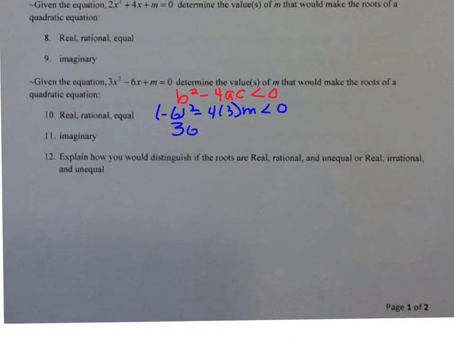So 36 minus 12m is less than 0. So this time I'll add the 12m to both sides. So 36 is less than 12m. This way I don't have to flip the sign. Divide by 12. M has to be greater than 3.